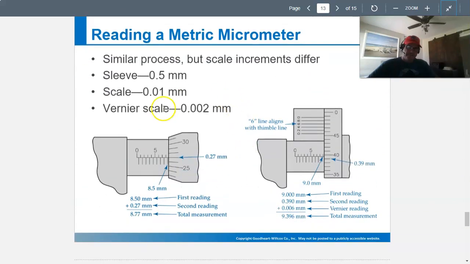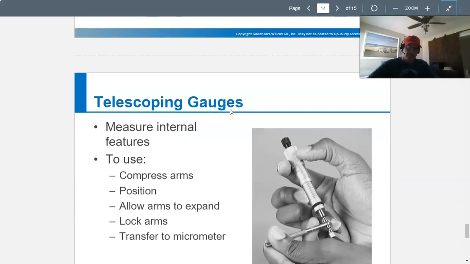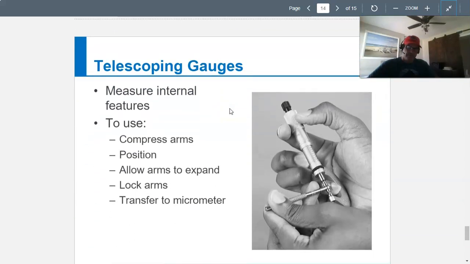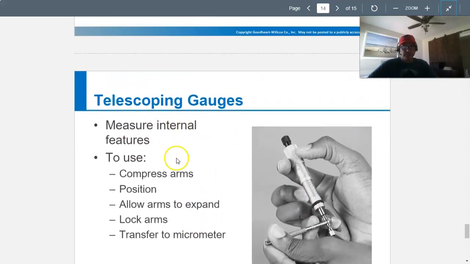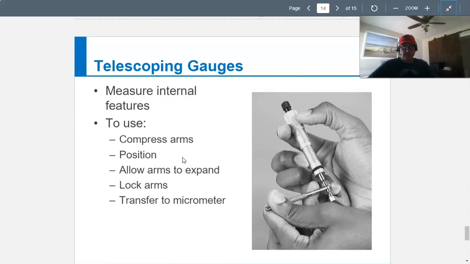And then it goes through very similar for reading the metric micrometer. And then there's telescoping gauges. These are pretty hard to use. I don't say hard to use, but you definitely need practice using all of these, especially telescoping gauges, because there's a real trick to it.